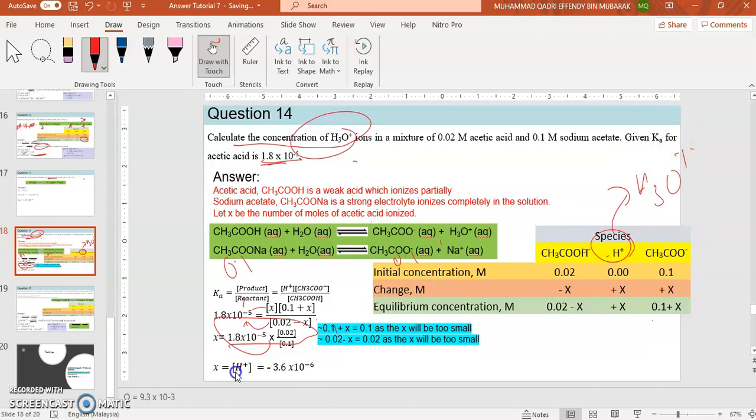So here is how we calculate the question that involves the common ion. This is the common ion effect, where the common ion will affect, or contribute to, our solution.